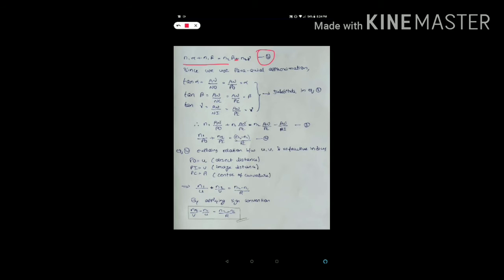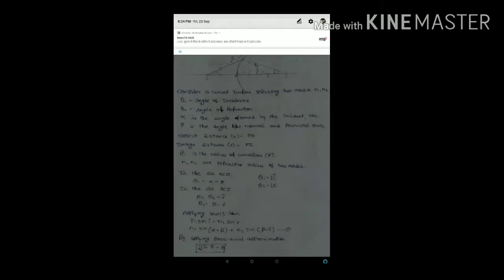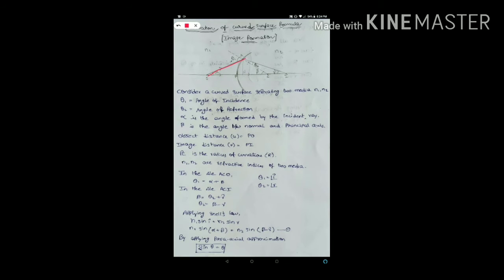Since we are using the paraxial approximation, tan of any angle is equal to the same angle. In this diagram, tan alpha is equal to opposite by adjacent, therefore AN by NO. Tan beta is equal to AN by NC, and tan gamma is equal to AN by NI. By the paraxial approximation, the distances between N and P are very small and negligible.